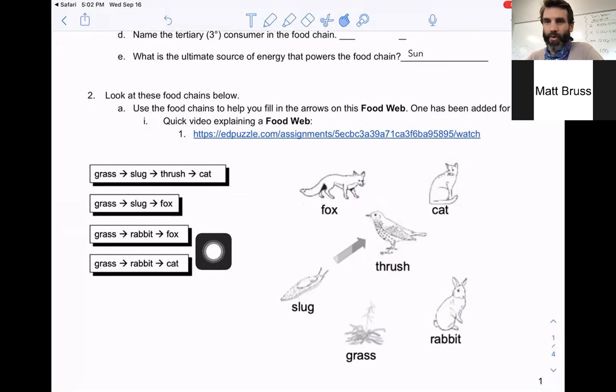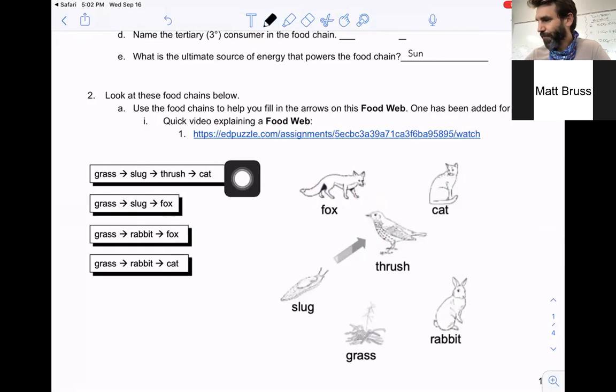So what we can do is organize these multiple food chains and integrate them together into what we call a food web. The way we do that is we look at these food chains one by one. The first food chain here, grass to slug to thrush to cat, we can say, okay, energy from the grass goes to the slug.